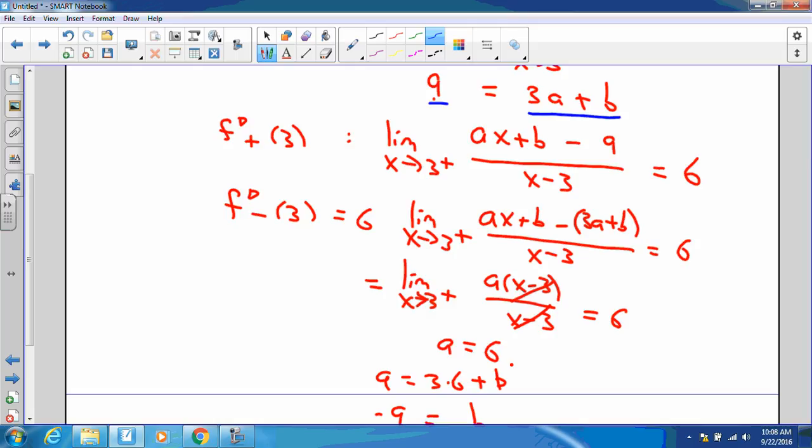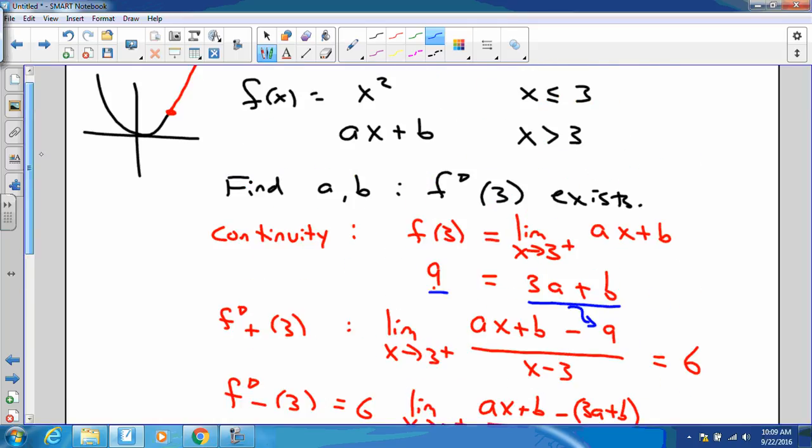I have ax plus b minus 9, and 9 just happens to equal 3a plus b. So I very cleverly substituted in here and got something. Now it looks like I got lucky because I could pull out that substitution, and I did. So very soon, we're going to find a separate way of doing this.